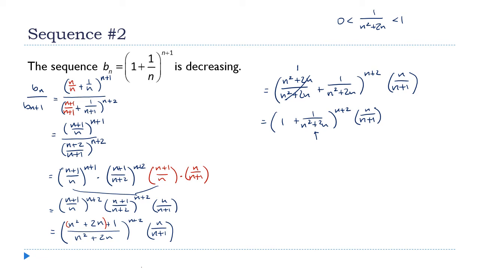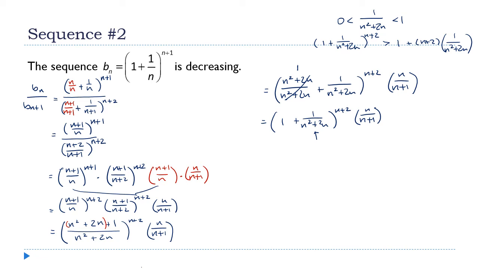So what I know is this expression here, I'm going to write it off to the side, see where I can squeeze it in. What do I know? I know that (1 plus 1 over (n squared plus 2n)) to the n plus 2 is greater than 1 plus n plus 2, that's the exponent, times that a value, 1 over (n squared plus 2n). That's Bernoulli's rule.